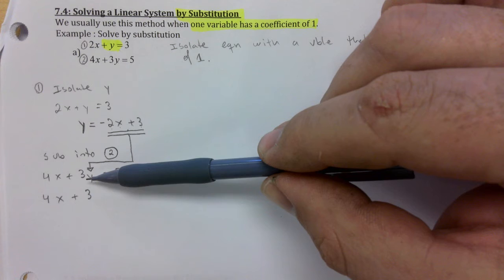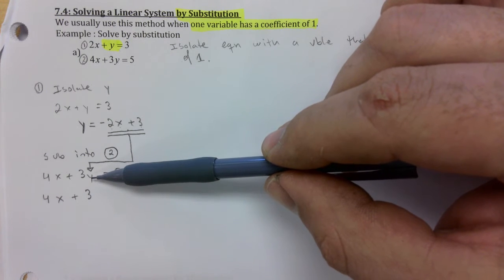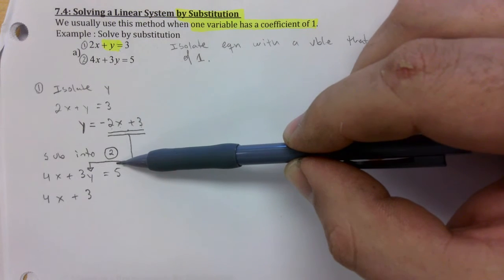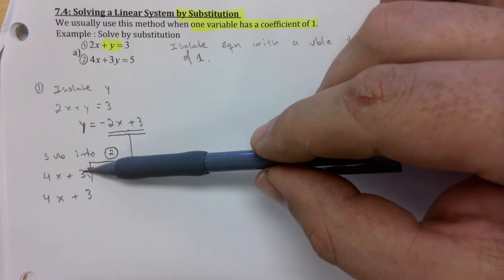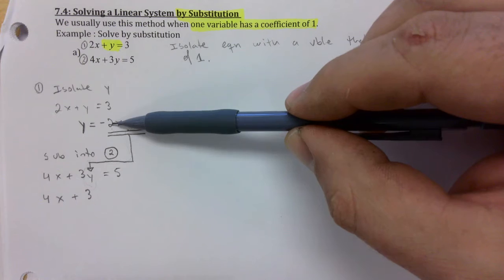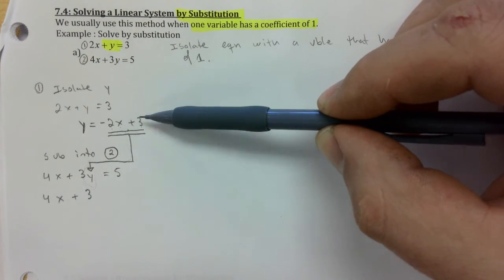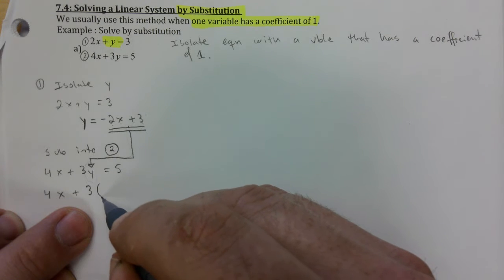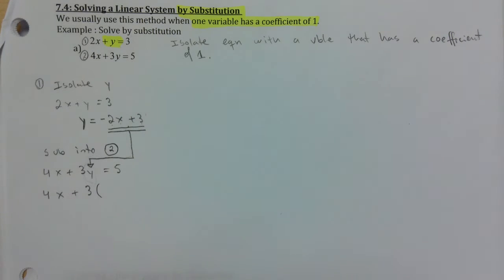And you substitute that in, right? In this case, y is equal to that. Well, guess what? We're going to go to our second equation and replace y with the negative 2x plus 3, okay? So we're going to go like this. And I'm going to use a different color here.